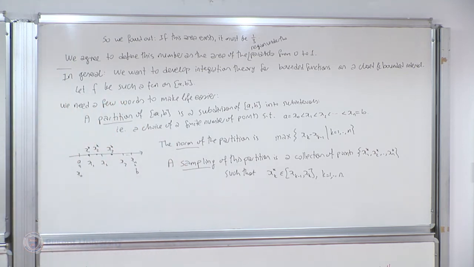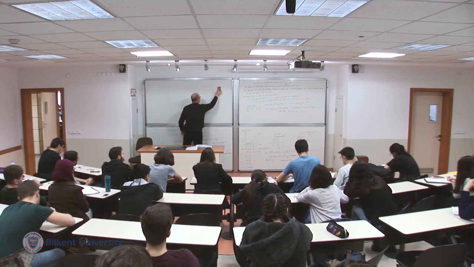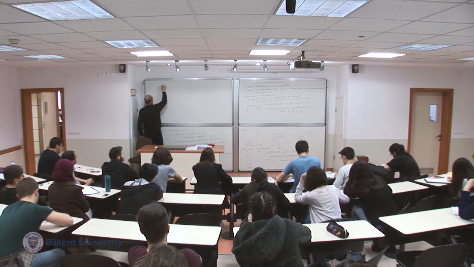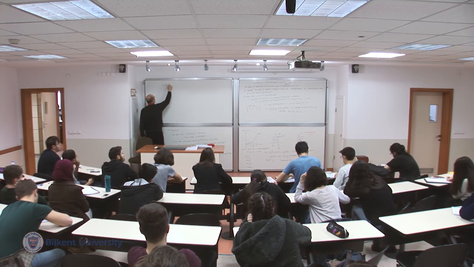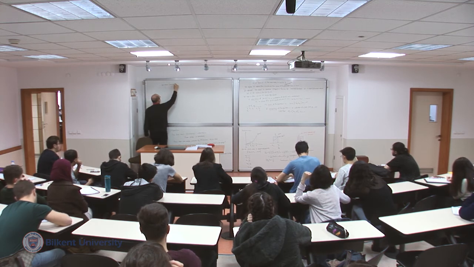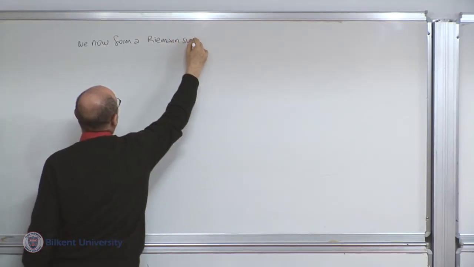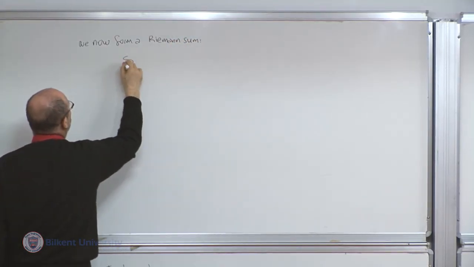Okay, so now you see, instead of all these words, we'll just use these three words to express our ideas. So let's form a Riemann sum. Let us call this Sn.